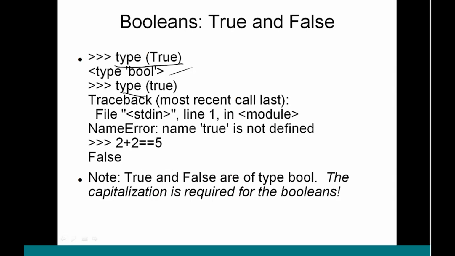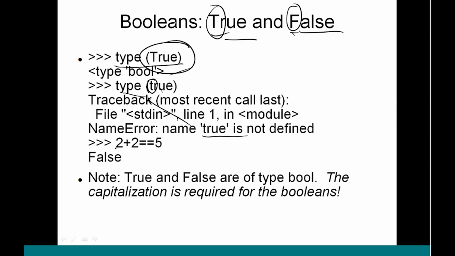If you specify a lowercase t here, that's not defined, so that just results in an error. So the booleans are defined as uppercase T R U E and uppercase F A L S E. Make sure that you remember the case and use that.